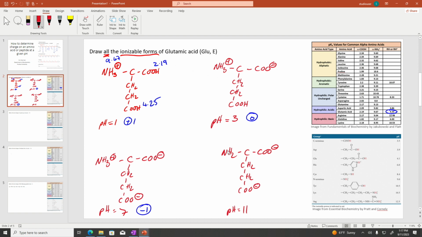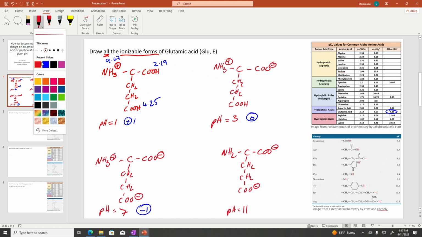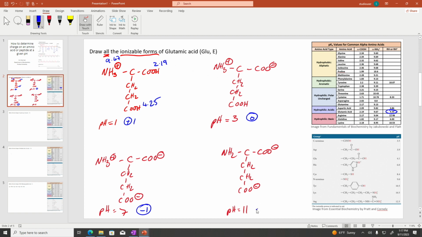And so we are deprotonated now at the alpha amino group, and we still remain deprotonated at these 2 other groups, which means that overall I have a charge of -2. Okay, so we've drawn glutamate. It has 3 ionizable groups, meaning that it has 4 different ionizable forms, okay, because you've got fully protonated and then fully deprotonated, and then your 2 in between.